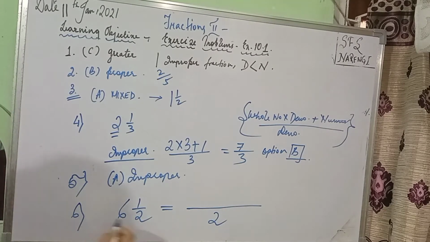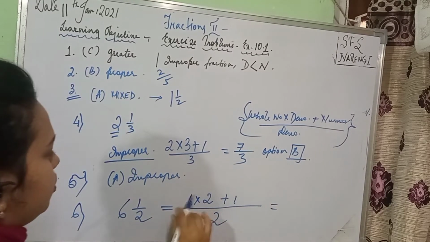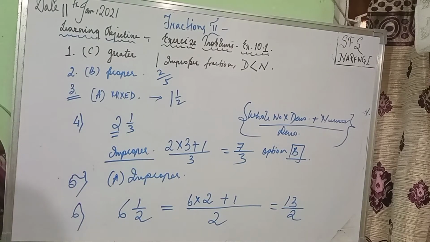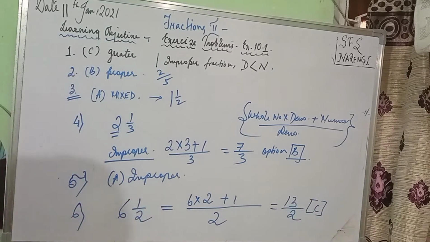So I get 6 multiplied by 2 plus 1. 6 2s are 12 plus 1 is 13. 13 by 2. So what is the answer? The answer is option C. Please note it down in your copies, children. Okay? Alright.